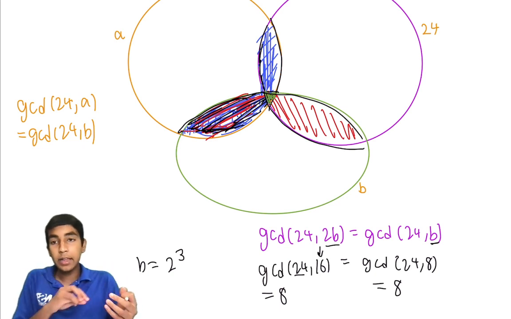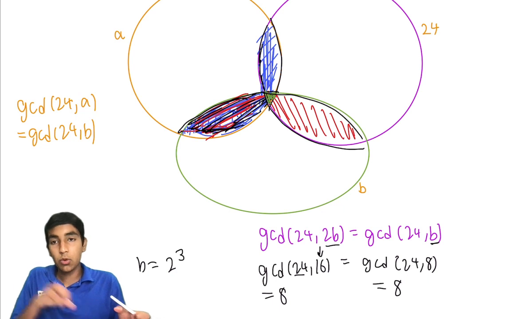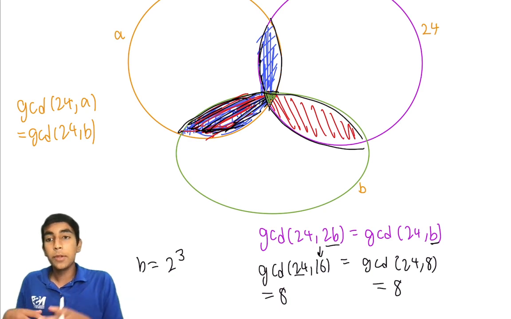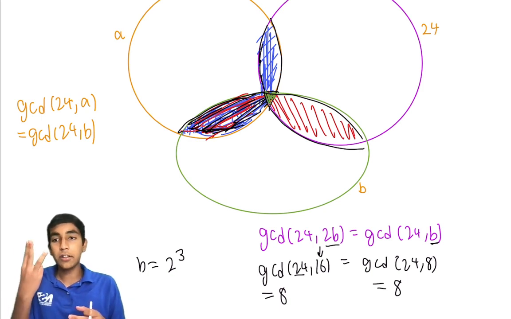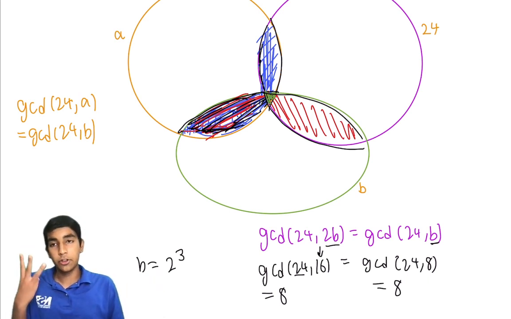By giving 8 one more factor of 2, it's not increasing the GCD, because 24 only has 3 factors of 2 available. The GCD of something with 3 factors of 2 and 4 factors of 2 is just 3 factors of 2, which is 8.